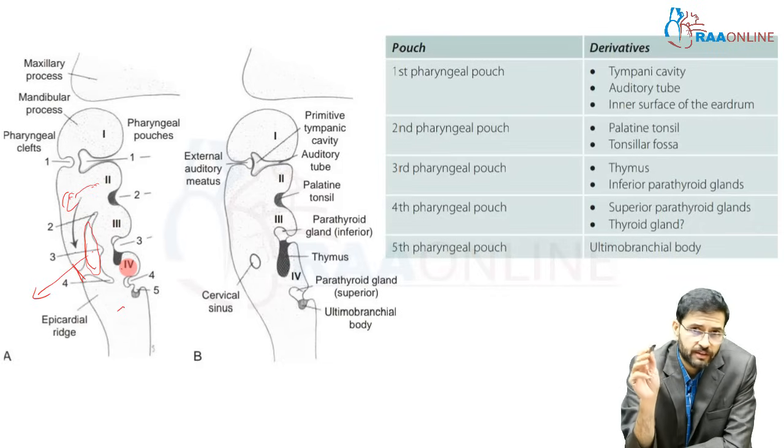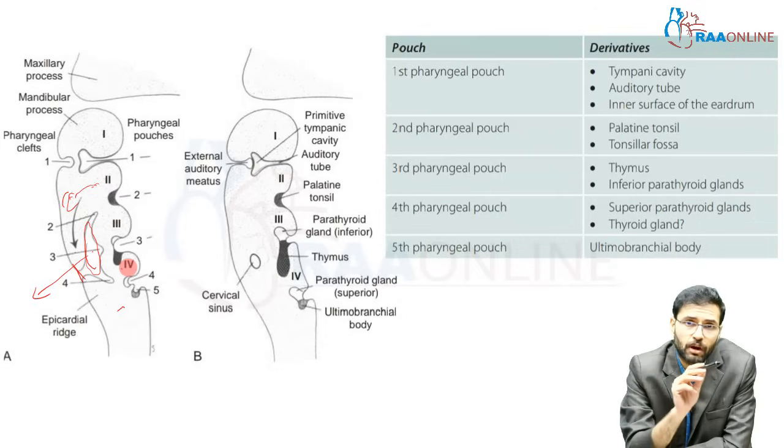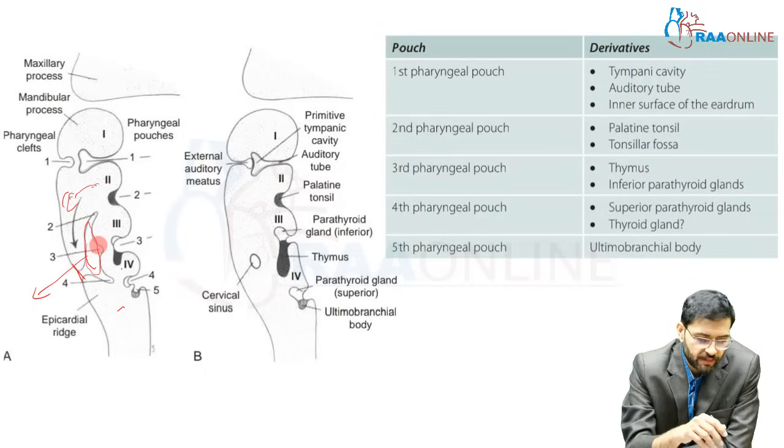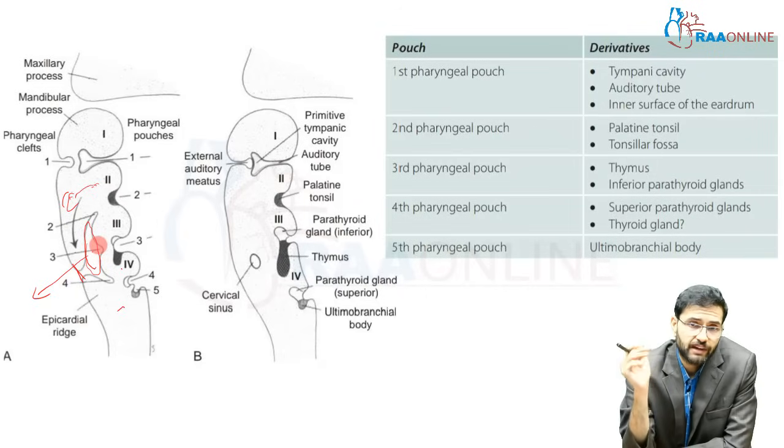This cervical sinus gets obliterated completely. If it persists, it leads on to the development of a branchial cyst or a branchial sinus if it is communicating externally. So, these are the derivatives of the pharyngeal or branchial clefts.